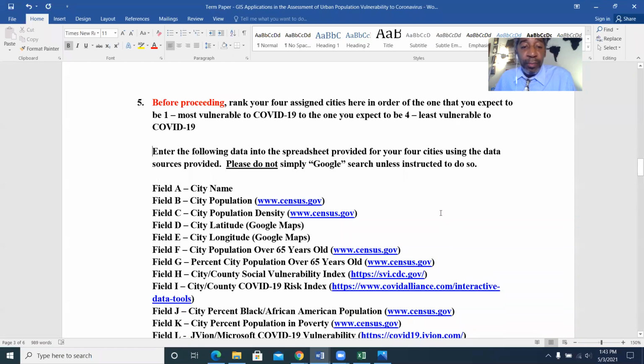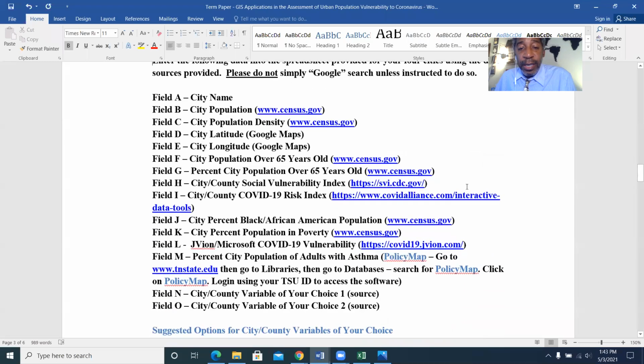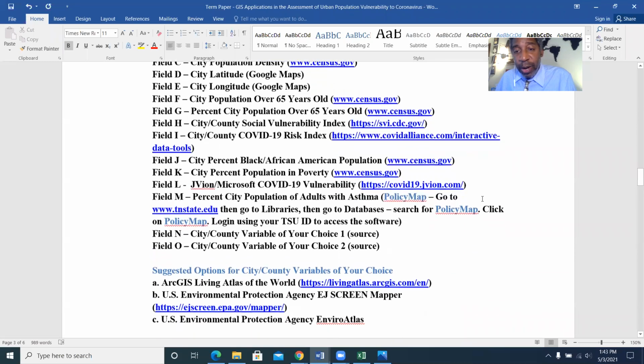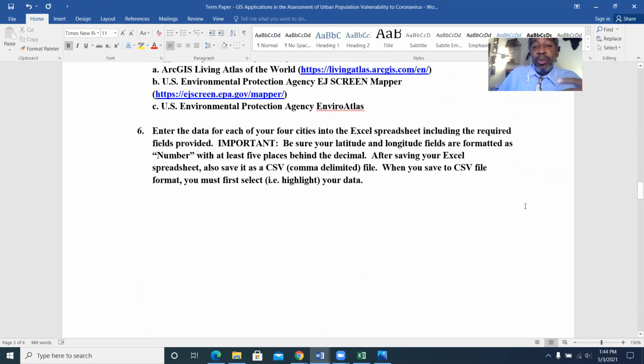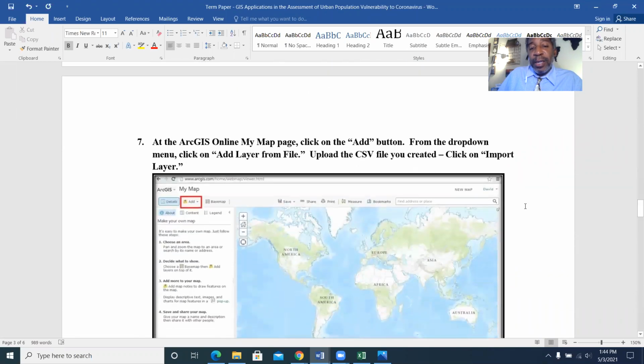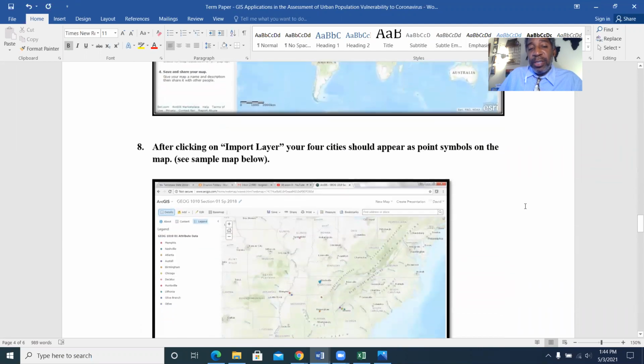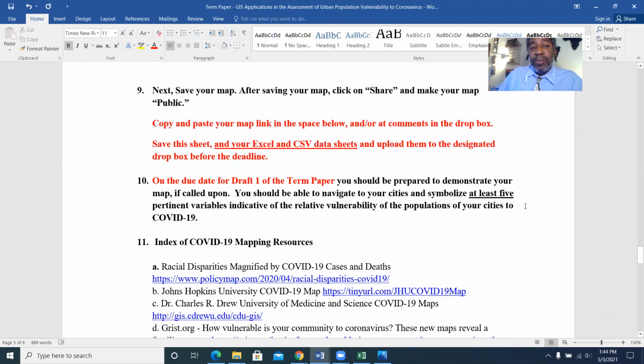I'll show you how to collect various data from a variety of sources, and then you will input those data into a spreadsheet, which will eventually become the attribute data table for your map. It'll be the information table for your map, and then you will use that map to conduct an analysis of your cities in terms of their vulnerability to COVID-19.